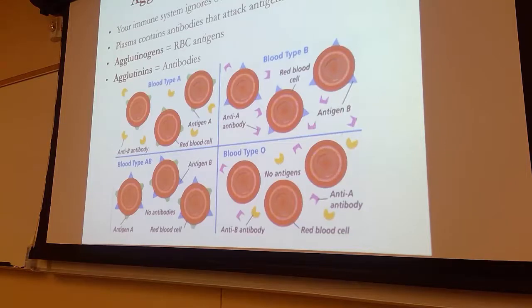So if you have blood type A, you have anti-B antibodies. If you are A negative, you would also have anti-RH antibodies. Your body makes antibodies against antigens you don't have. That is weird to think about, really.